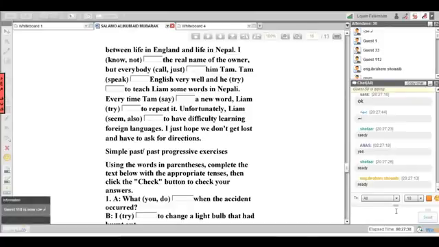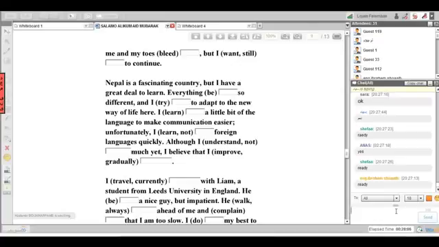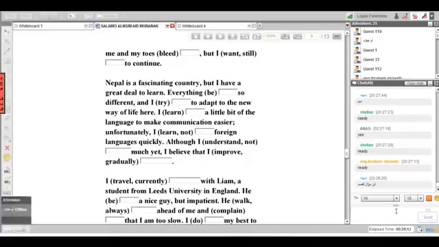Okay, we have stopped the last time at this one. I travel currently with Liam and students from Leeds. Okay. First whiteboard, this one. Sarah, you're asking for the first whiteboard.